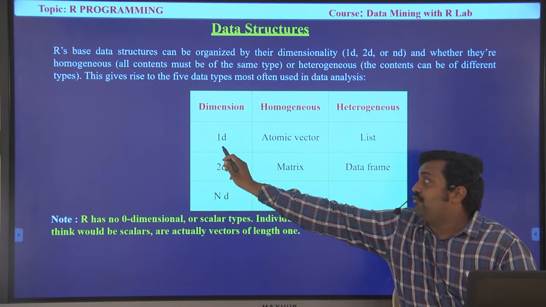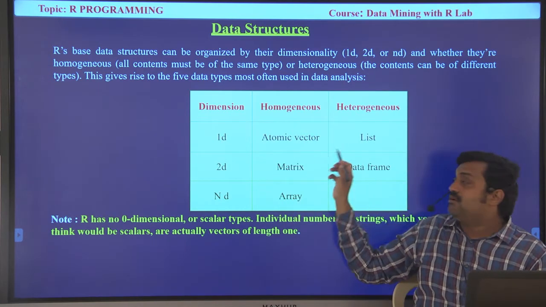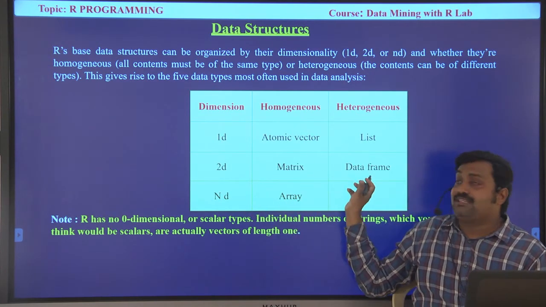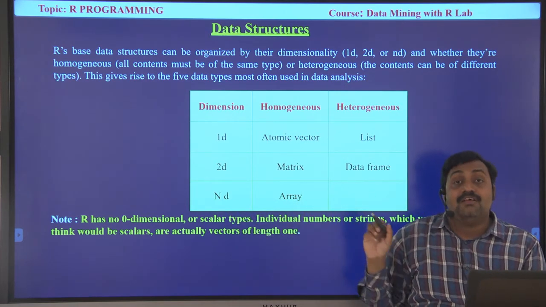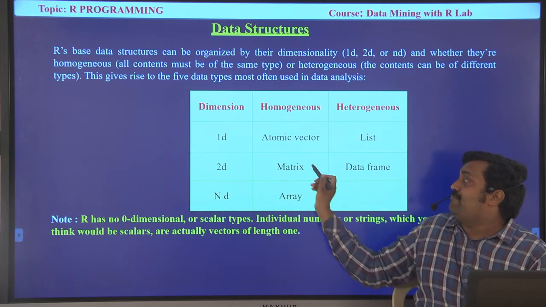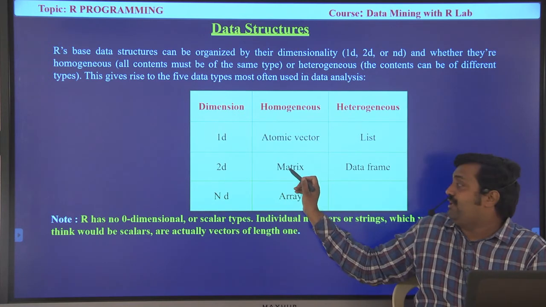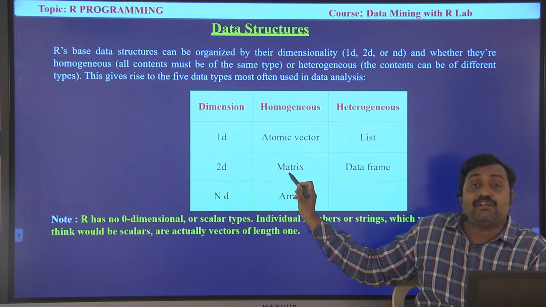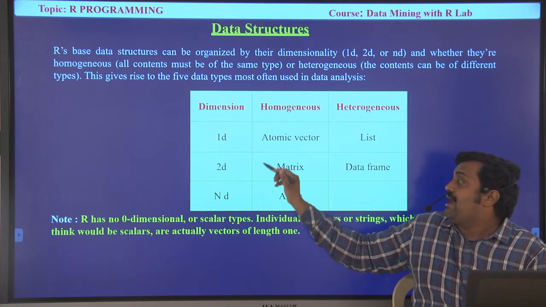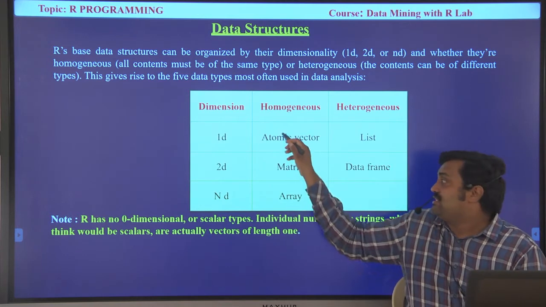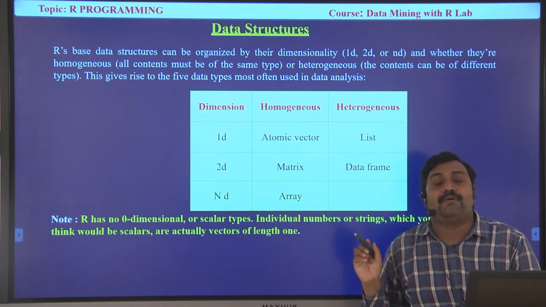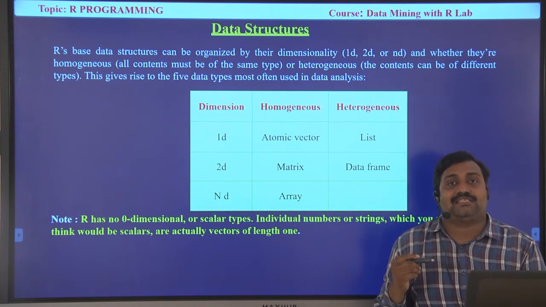Like 2 1, 2 2, 2 3, 3 1, 3 2, 3 3, 4 1, 4 2, 4 3. Suppose I want to retrieve, view or update this value. Then I use matrix of which one? This is third row, second column. So 3 comma 2.